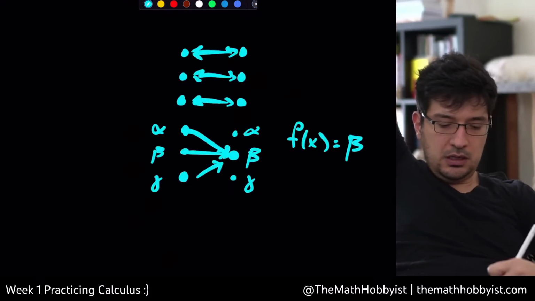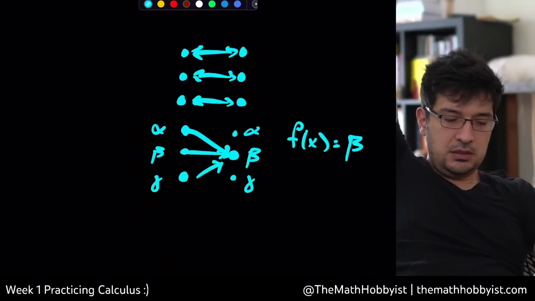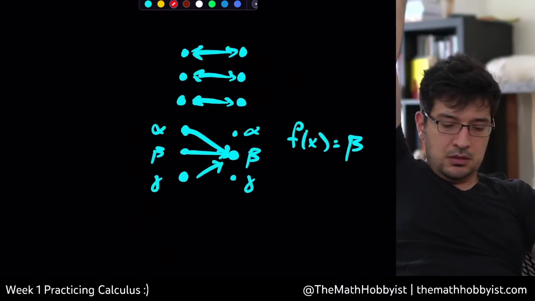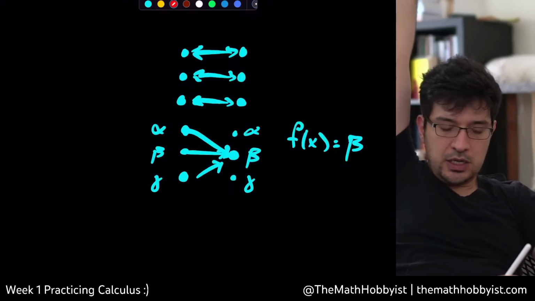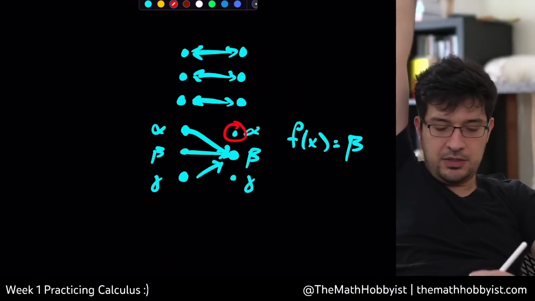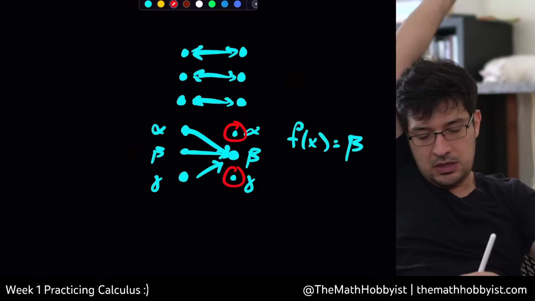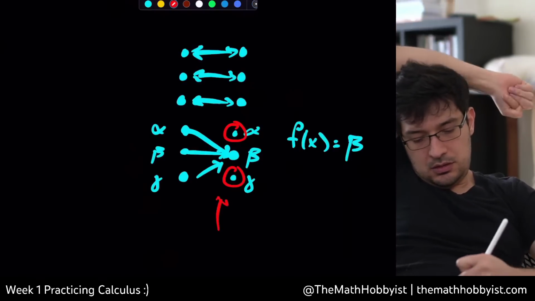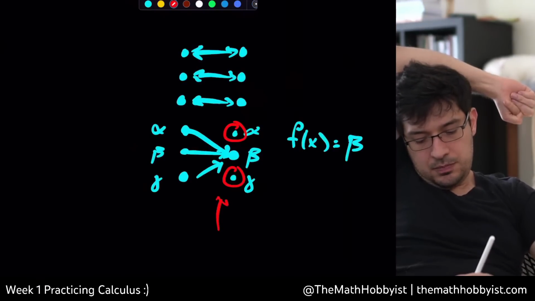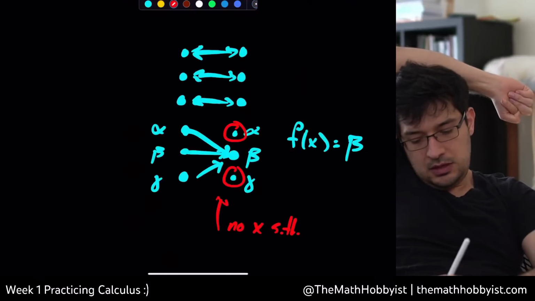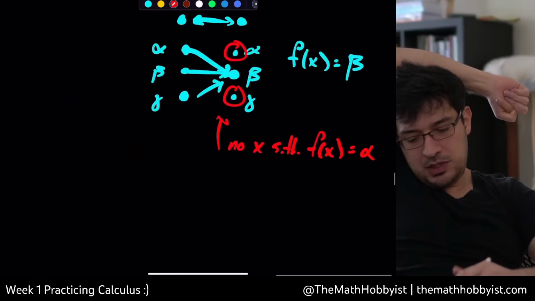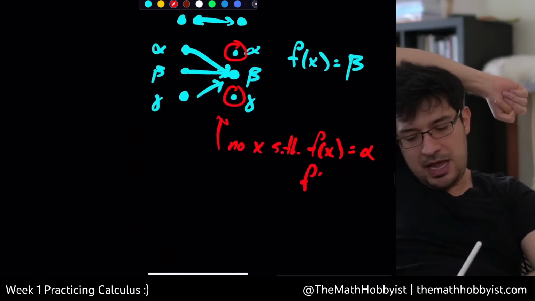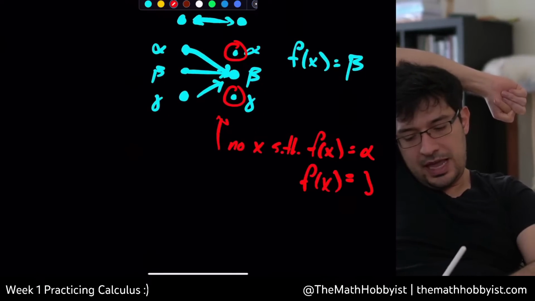This is neither injective nor surjective. And the reason that I'm bringing it up is there is no x such that f of x equals alpha. Nothing maps to alpha and nothing maps to gamma.